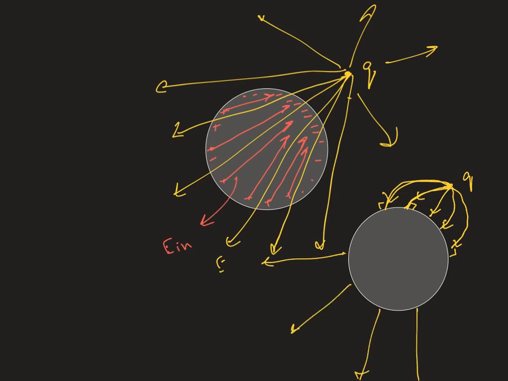Again 90 degrees. So all these angles that you see are at 90 degrees, and the net field inside will be equal to 0, and the potentials at all points inside will be the same.